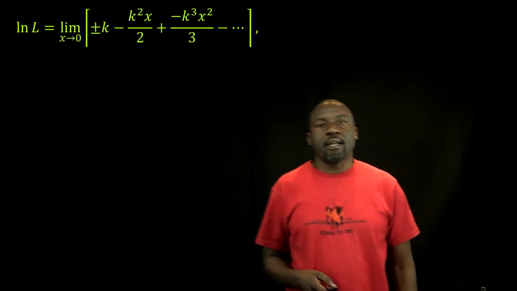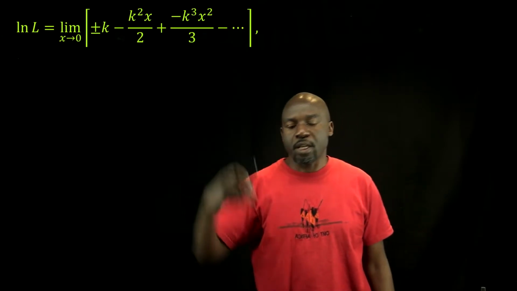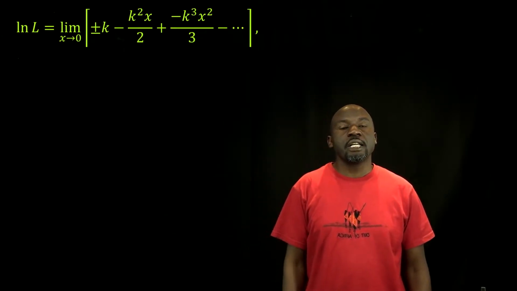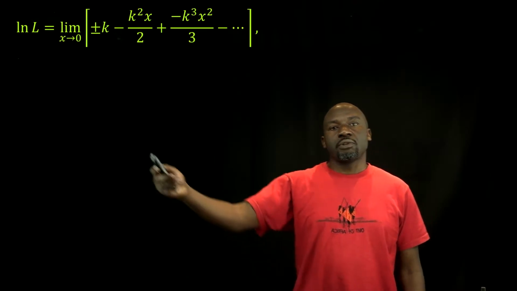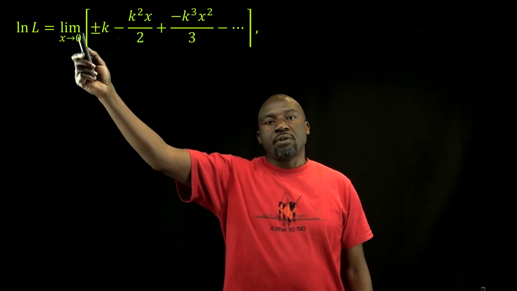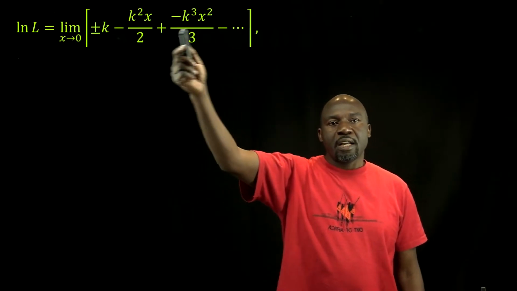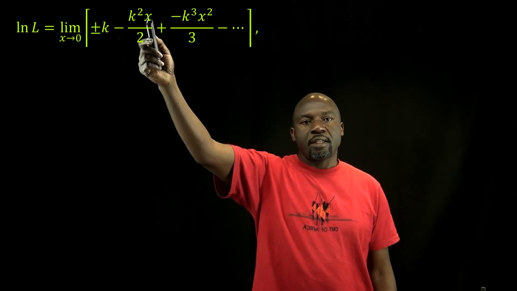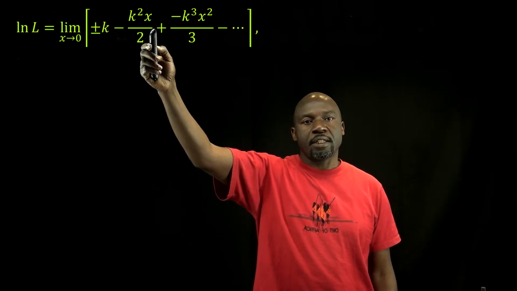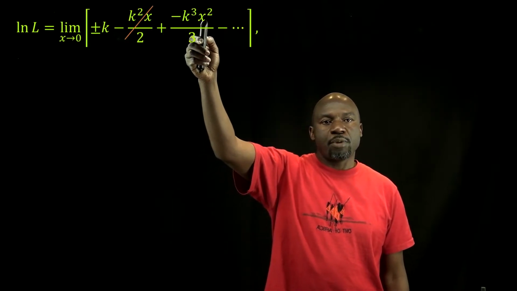Okay, so this is the expression we came up with previously. So the next thing is now to bring in the limit. So the limit as x tends to 0 of this expression means that x is becoming 0, so this term can disappear, and x is also becoming 0 here.